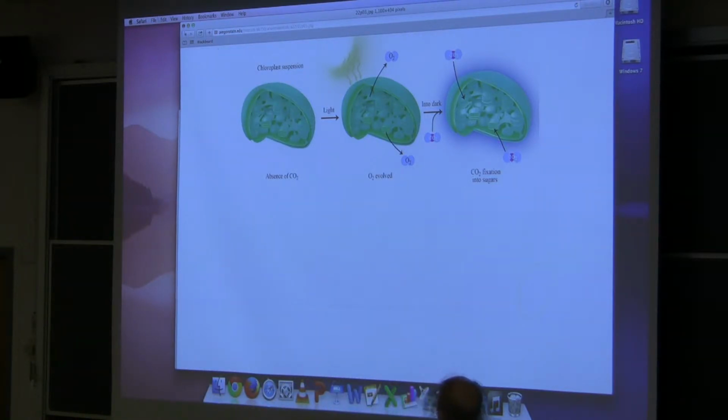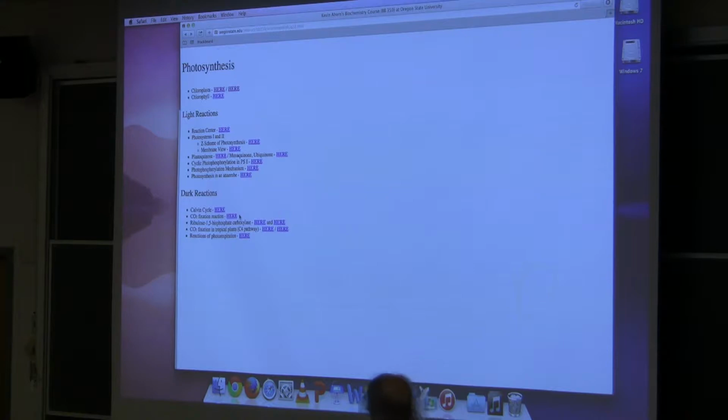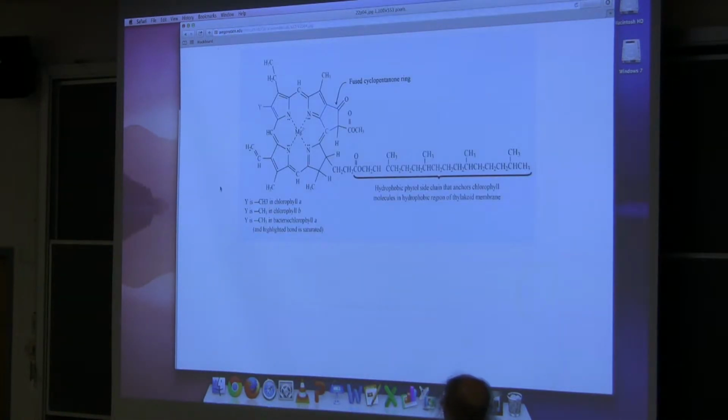Okay? So in order to do something with light, you have to be able to capture the energy of light. And that's the function of the chlorophyll, which we think of, of course, as the green-causing substance that's in the chloroplast. And if you remember your structures of heme, which I'm sure you all do very well, you'll note that the structure of chlorophyll is very, very similar to that of heme that's found in our blood cells, with a major difference.